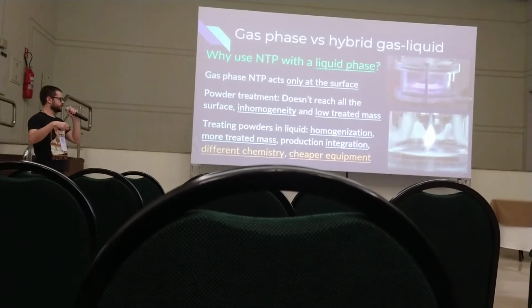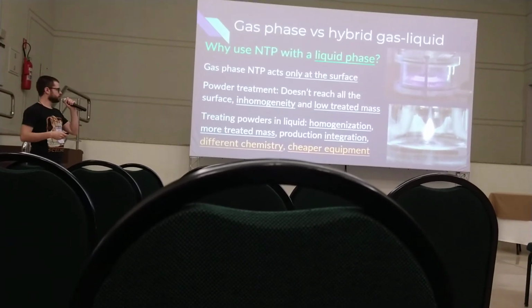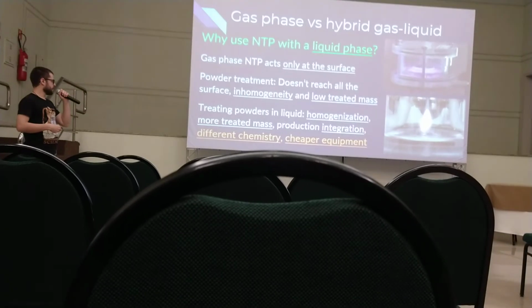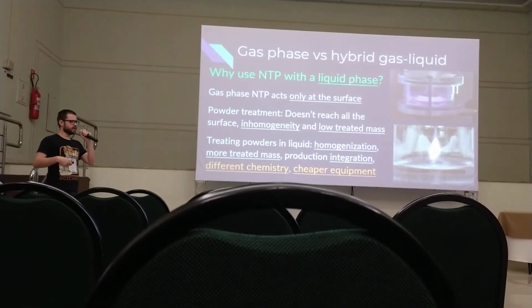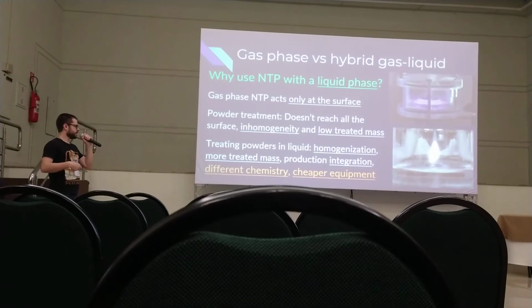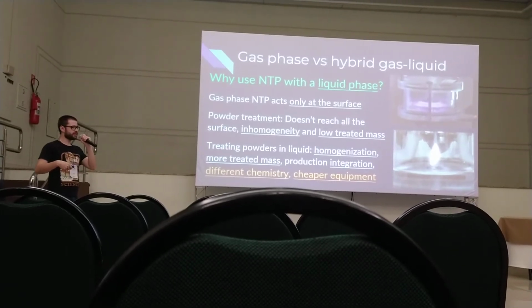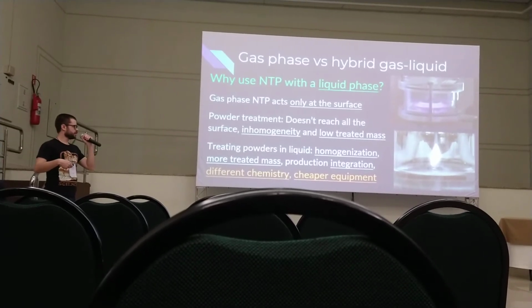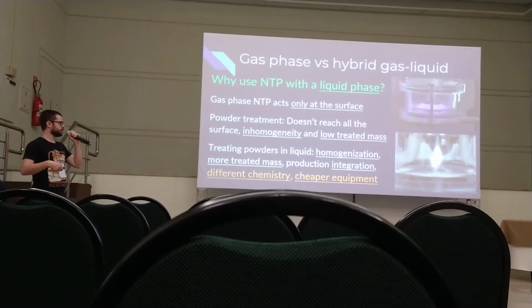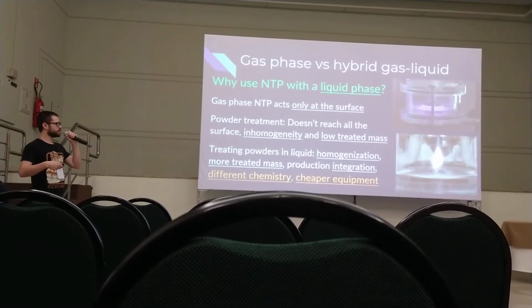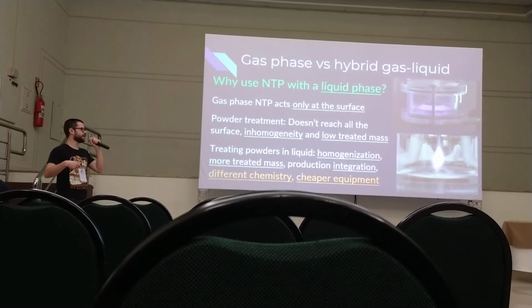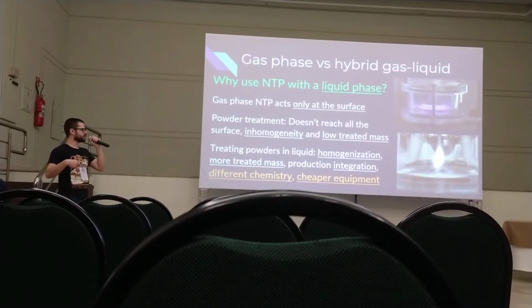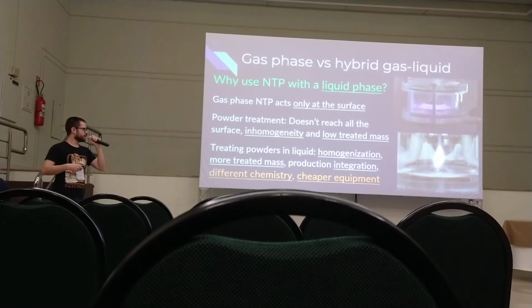It is easy to integrate into production, but principally you have another phase which will give another degree of complexity to the chemistry, which is very interesting to explore, and also the equipment is cheaper. To produce this plasma, for example, you need fancy equipment such as vacuum pumps, pulsed sources, and etc.